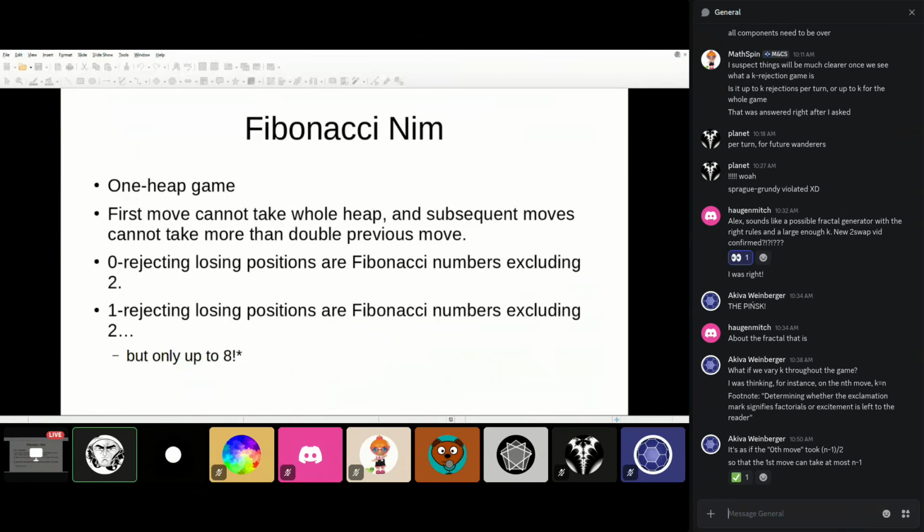Actually 2 variables, because you can reflect whether it's the first turn or not by just an appropriate default value of how many chips you can take. Because on the first turn you can take up to n-1. Oh, it's double the previous move, not double the max of previous moves. Oh man, okay, I'm sold.